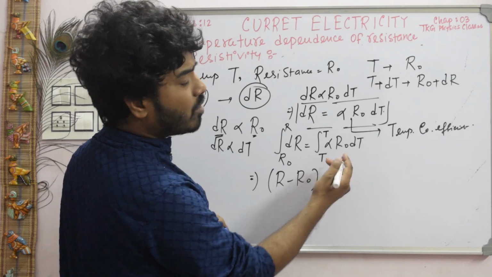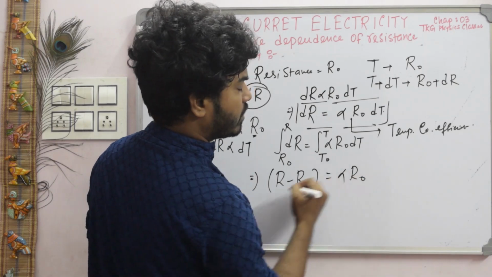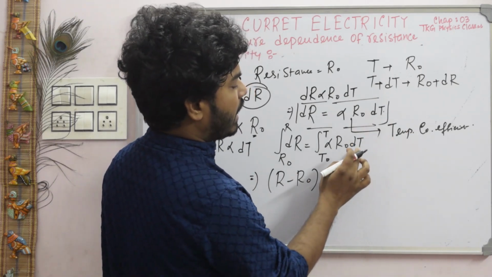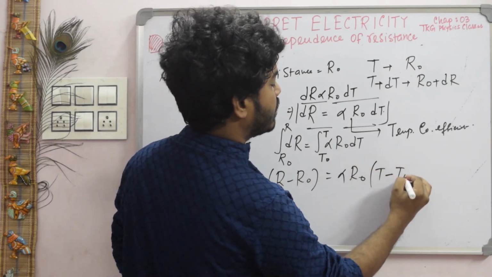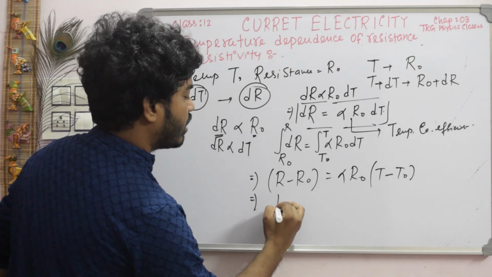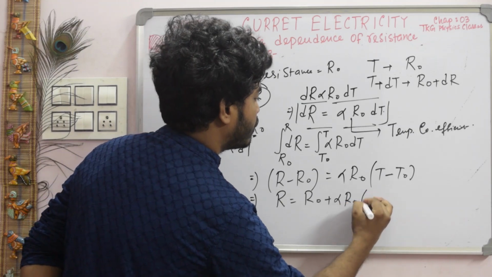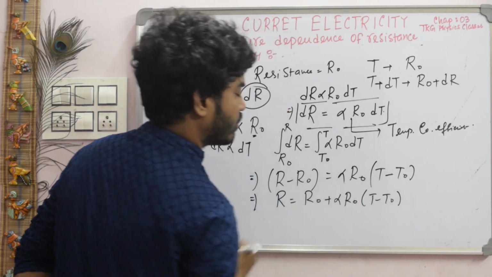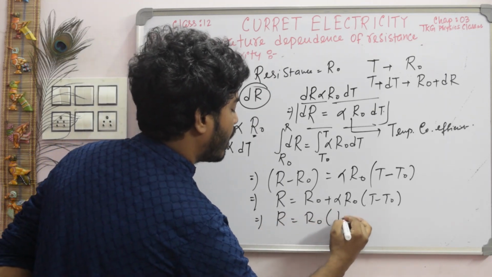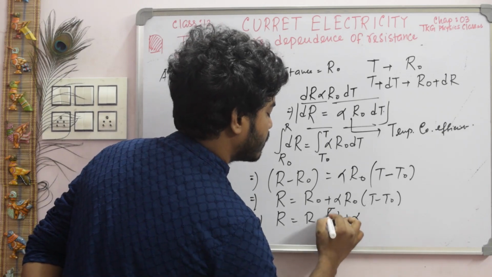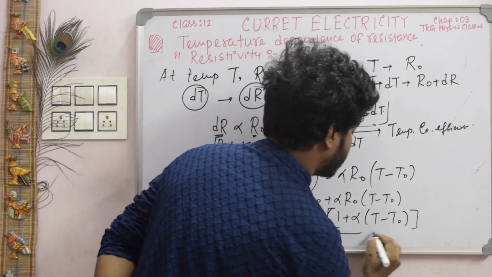Here alpha remains almost constant, so alpha and R naught come outside, and integration of dT gives T minus T naught. So the equation becomes R is equal to R naught plus alpha R naught times T minus T naught. Now taking R naught common, R is equal to R naught into 1 plus alpha times T minus T naught.